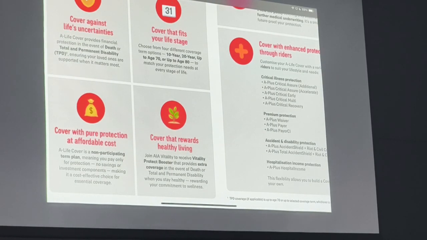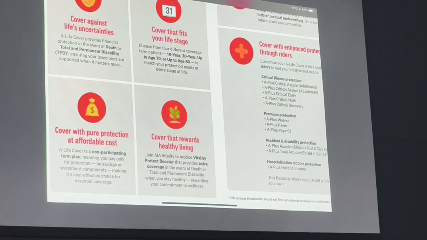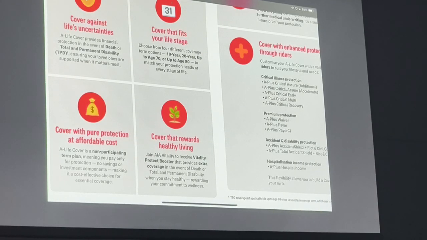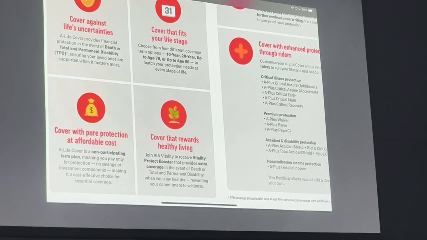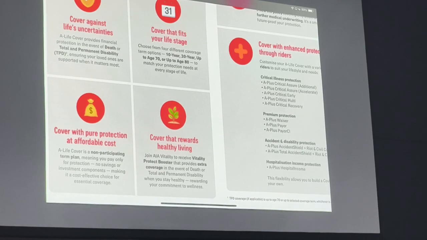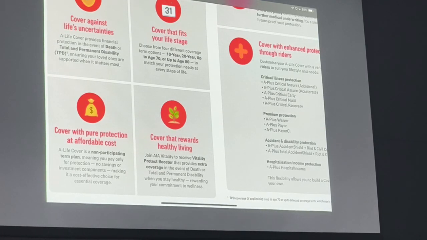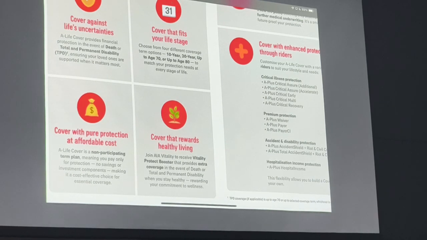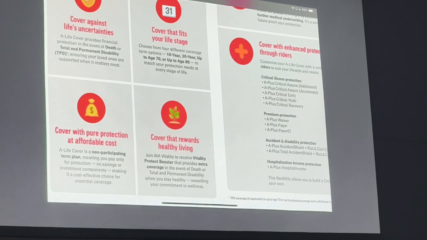So after maturity at the age of 70 or 80, there will be no cash value, simply put, nothing received. No dividend, cash value or surrender value. There is no such thing. So that is non-participating.